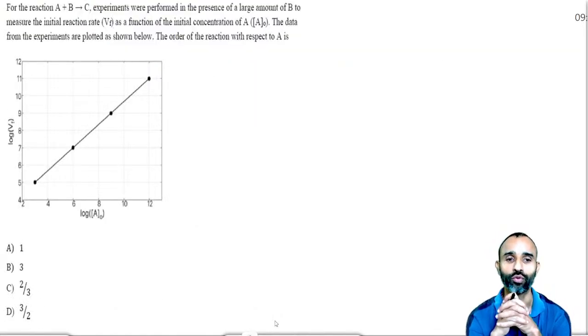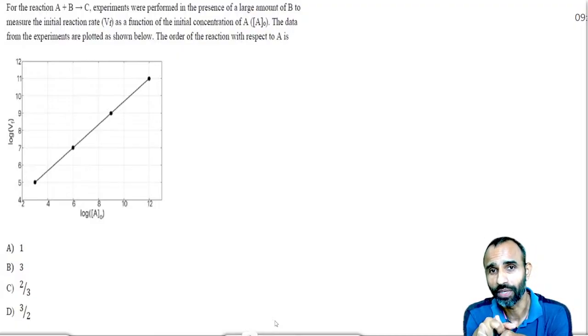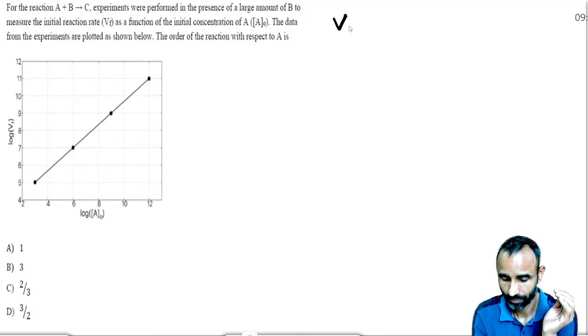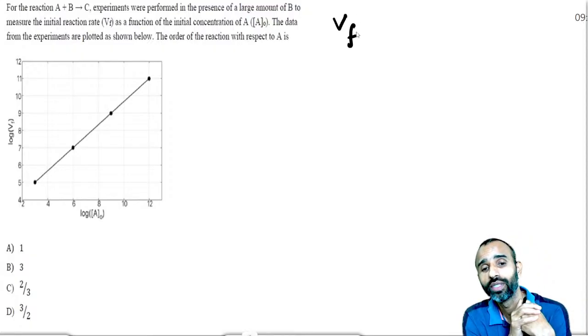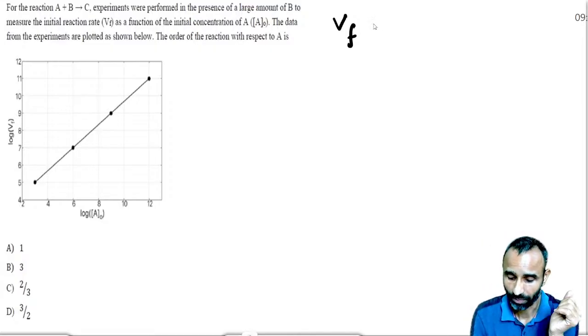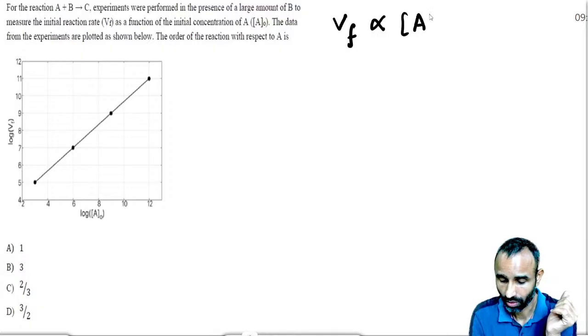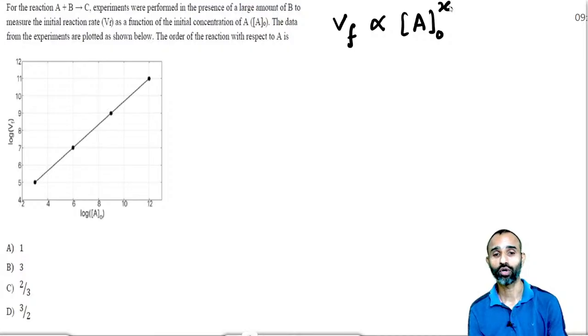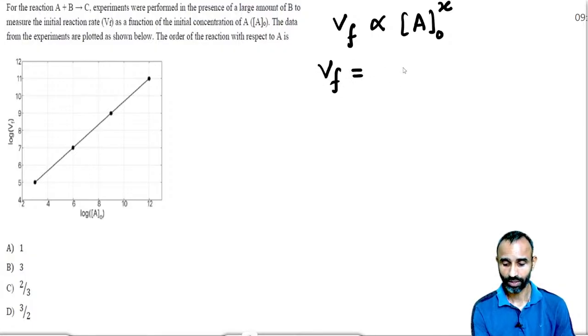So this is the question for you. For the reaction A plus B to give C, the experiments were performed in the presence of a large amount of B. Measure the initial rate, that is V naught, as a function of the initial concentration of A. That means V naught is proportional to the initial concentration of A raised to power x, because we have to calculate the order of reaction with respect to A. So V naught is equal to some constant K, that is the rate constant, times A naught raised to power x.